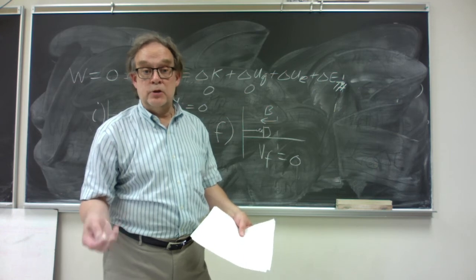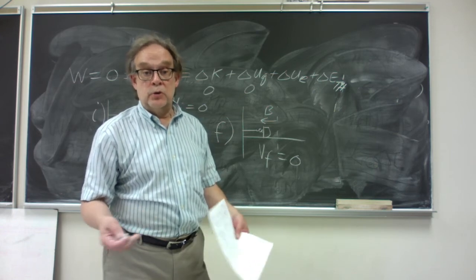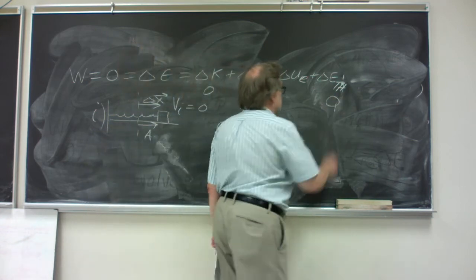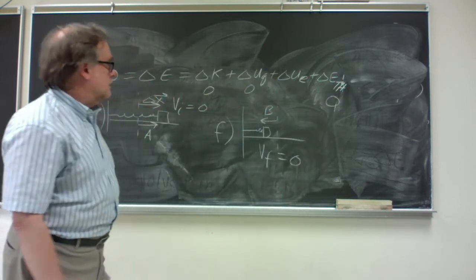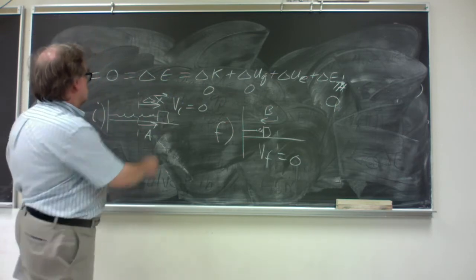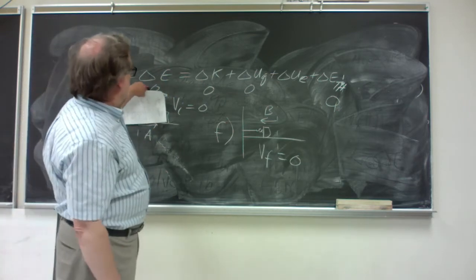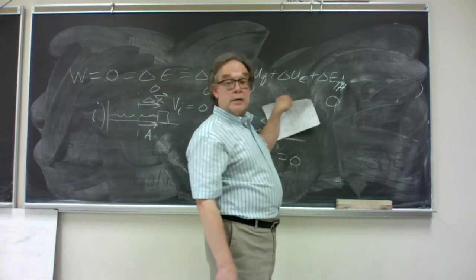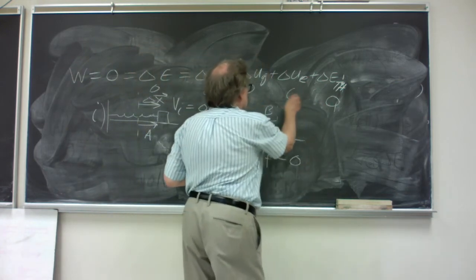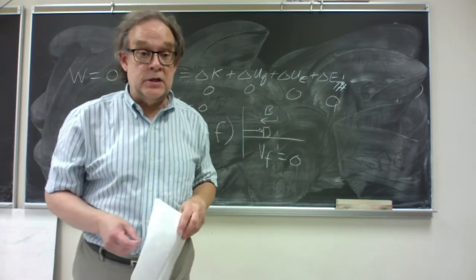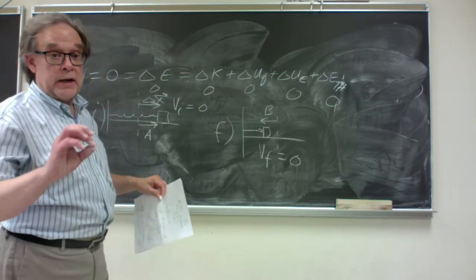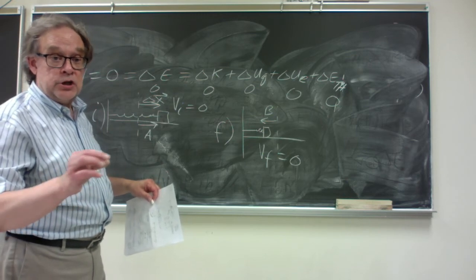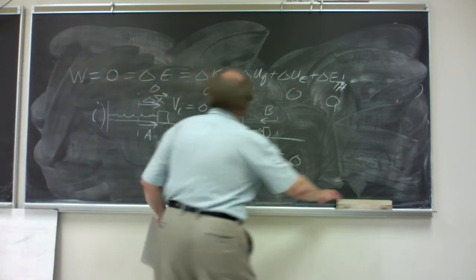Thermal energy would be increased if there were friction, but there is no friction to increase the thermal energy. So there's no change in the thermal energy, and this is 0. 0 equals 0 plus 0 plus 0, so this has to be 0 as well. The change in the elastic potential energy is 0, but let's write out in detail how the change in elastic potential energy looks.